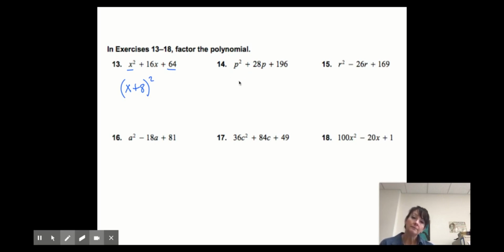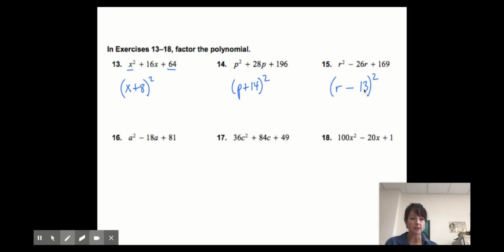For 14, again, both positive, and in this case the square root of 196 is 14, so we have p plus 14 quantity squared. When you have the negative here, we're going to have the square root of 169, so we'll have r, and then minus, the square root of 169 is 13, quantity squared in factored form.